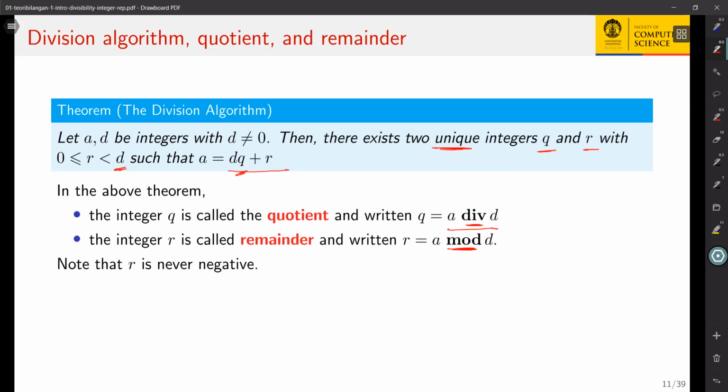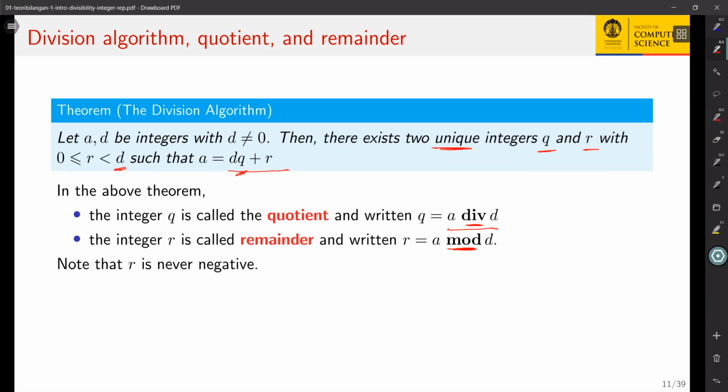The mod means it gives us the remainder. So A mod D is the remainder that you get when you divide A by D. All right. So for every two integers, you always have this.